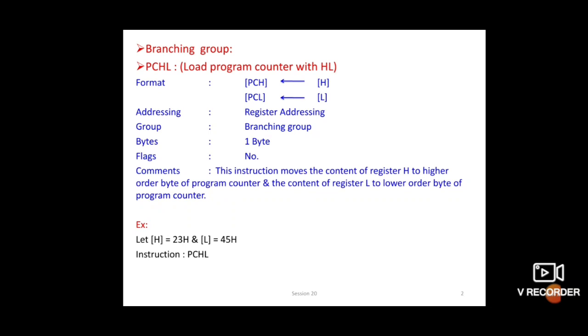After execution of the PCHL instruction, the program counter contains 2345H. Understood, students? Got it? Whatever contents are in the H and L registers, both are stored in the program counter. So after execution, the program counter holds 2345H, which is also known as a memory location.